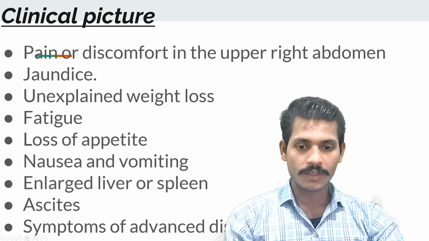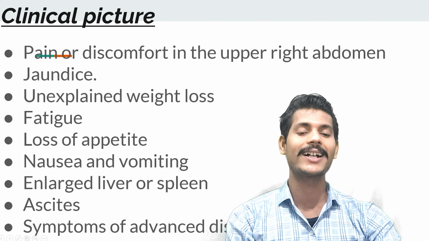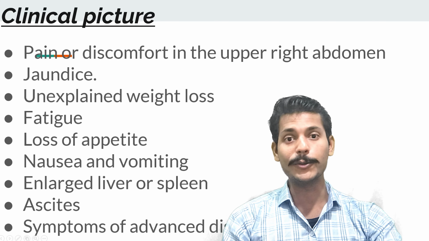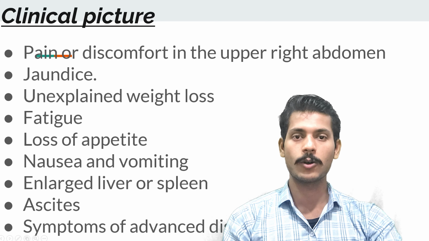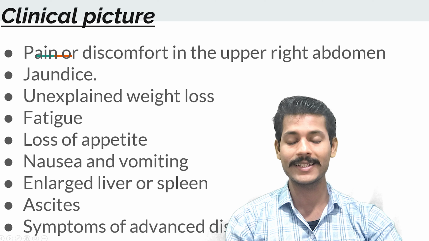And MRI and CT scan show an enlarged liver. Then there is accumulation of fluid in the abdominal peritoneal cavity, called ascites.